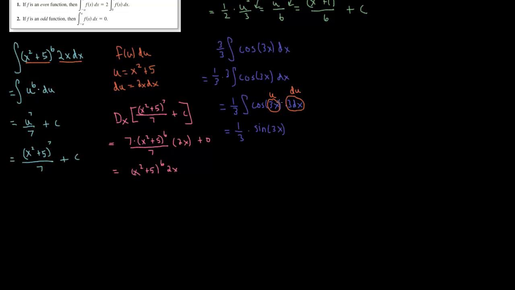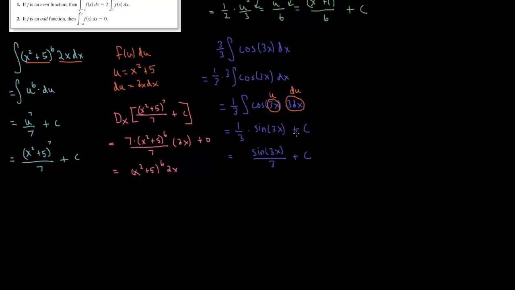It's just sine of u. But what's u? It's 3x. So this is what I'm talking about as far as being able to just do the simple pattern recognition. So, of course, I always forget my plus c. So the final solution is just sine 3x over 3 plus c.